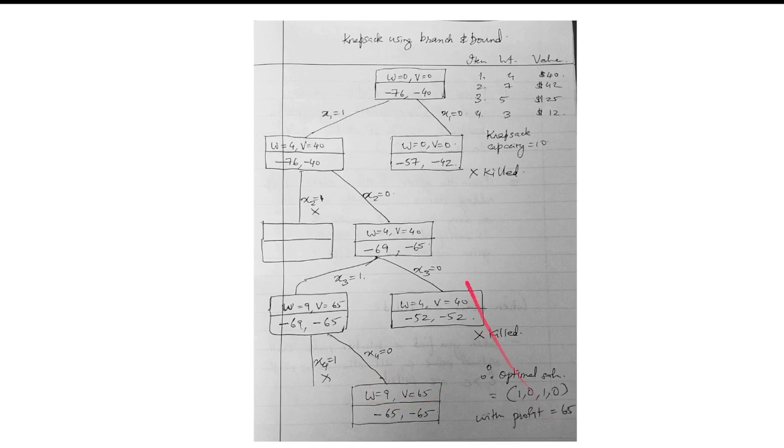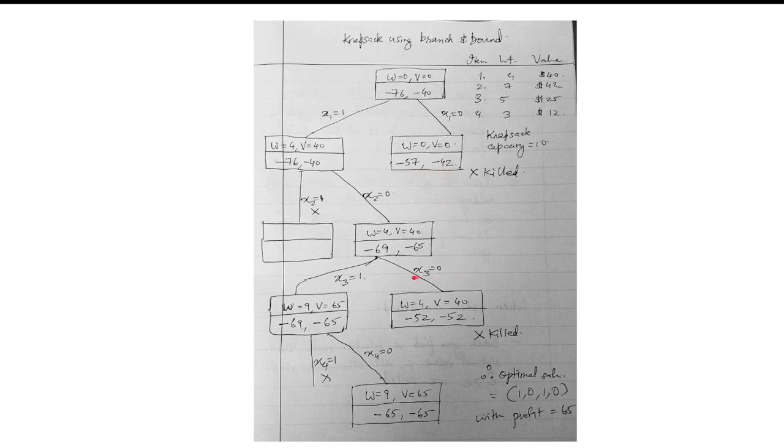And you see this node, the upper bound here is minus 65. Optimal solution is minus 65, but the minimum here is minus 57, which is greater than minus 65, which means you can kill this because you want minimum value, right? You're not going to get a value less than minus 57, so you kill this. Okay.